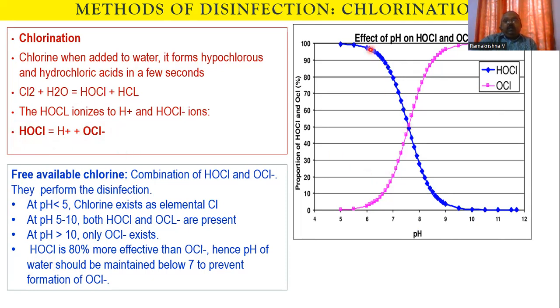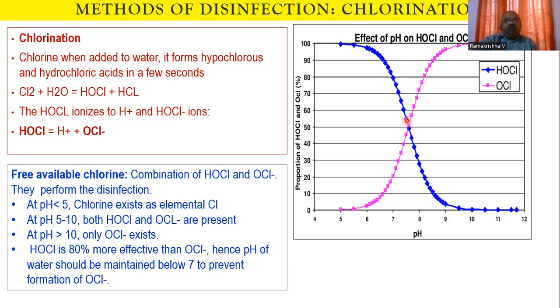Now you can see these two are pH dependent. What you notice here is that this blue color HOCl occurs mainly at low temperature and low pH value, below 8 or below 7. You can see the maximum is present there. During that pH, the OCl minus availability is less.